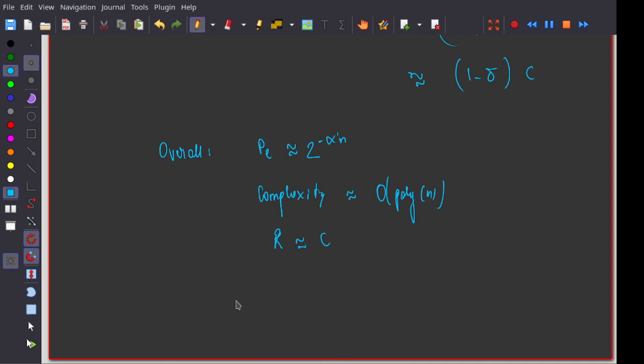So in the next few classes, we'll discuss a new class of codes called low density parity check codes, which in fact have much lower decoding complexity. We'll see that the decoding complexity is just order n log n, roughly. They achieve capacity of a large class of discrete memoryless channels, and they have very low probability of error.